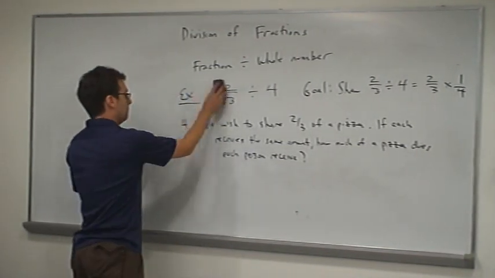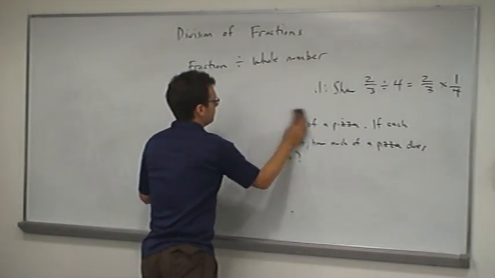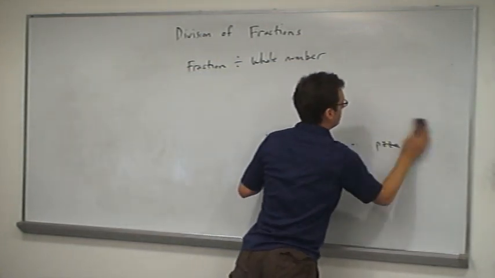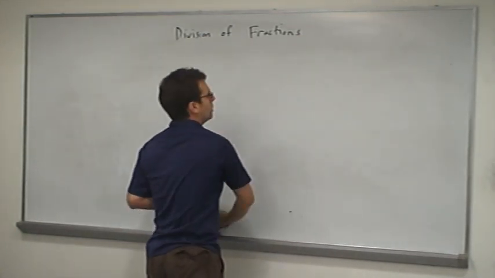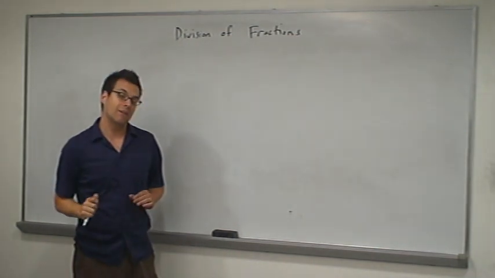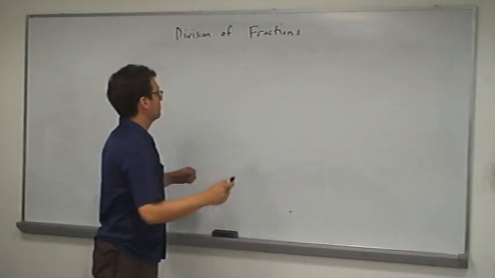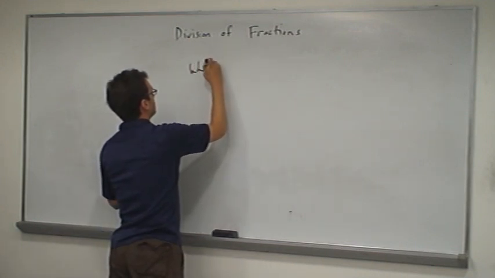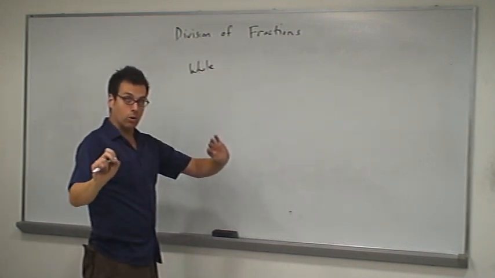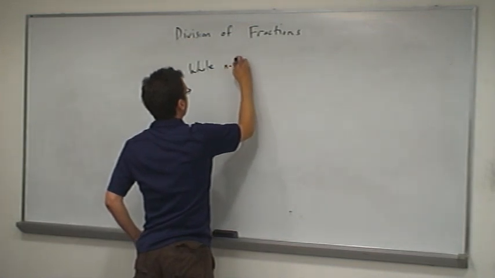Okay? Now, some people may argue that we've done enough, that it's convincing enough. But one reason for actually going through all of the stages, for example, another stage might be, instead of a fraction divided by a whole number, a whole number divided by a fraction.